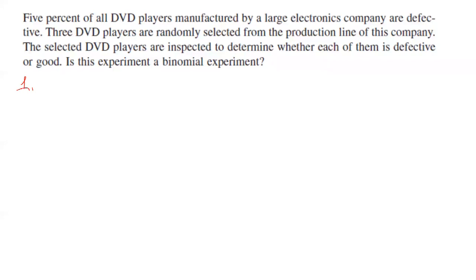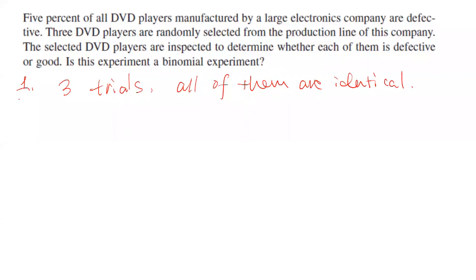How many trials are there? Are these trials identical? Actually there are 3 trials, right? Why? Because the inspector selects 3 DVD players, right? So each selection is a trial. 3 trials, all of them are identical. So it fulfills the first condition.